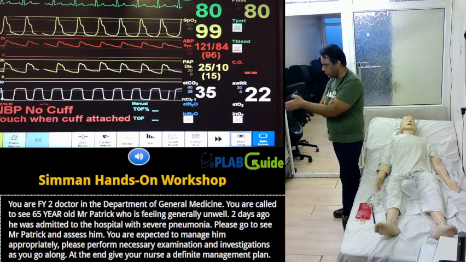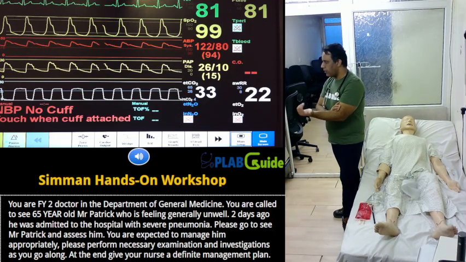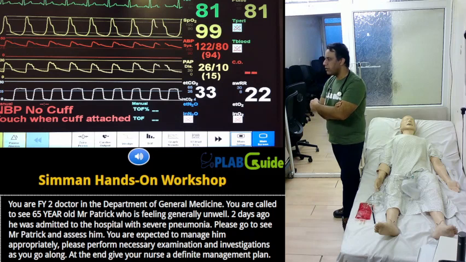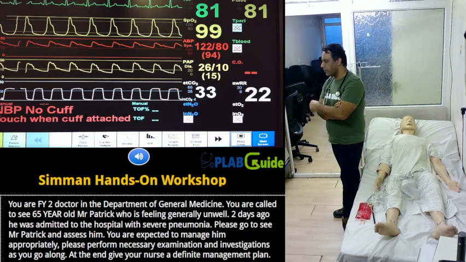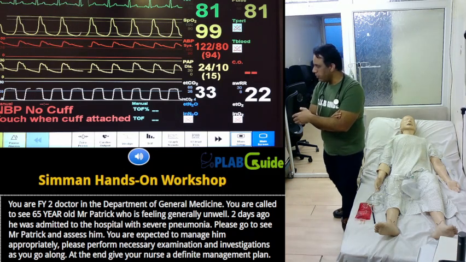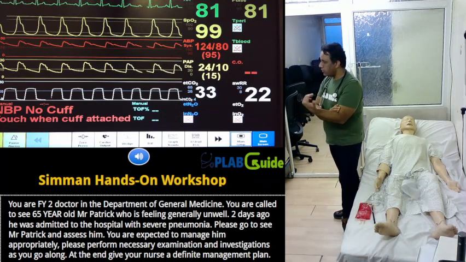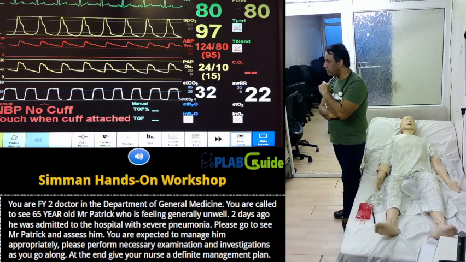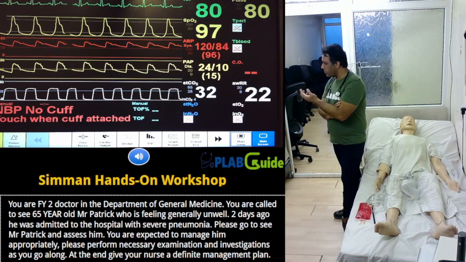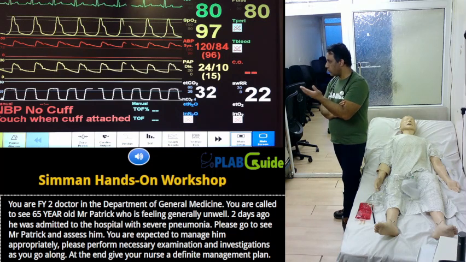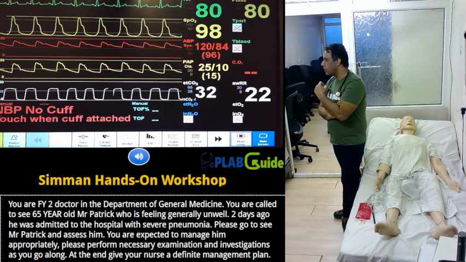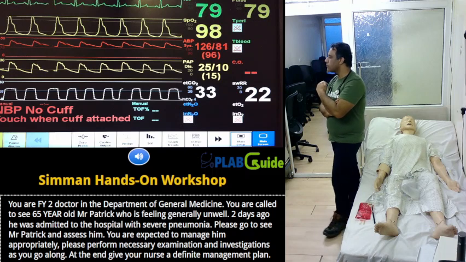You can mention I will give IM glucagon as well, and I will check the sugar again with a different machine, because there may be some problem with it, or the drug may be expired or not working. So check the name and expiry date, and then give it.